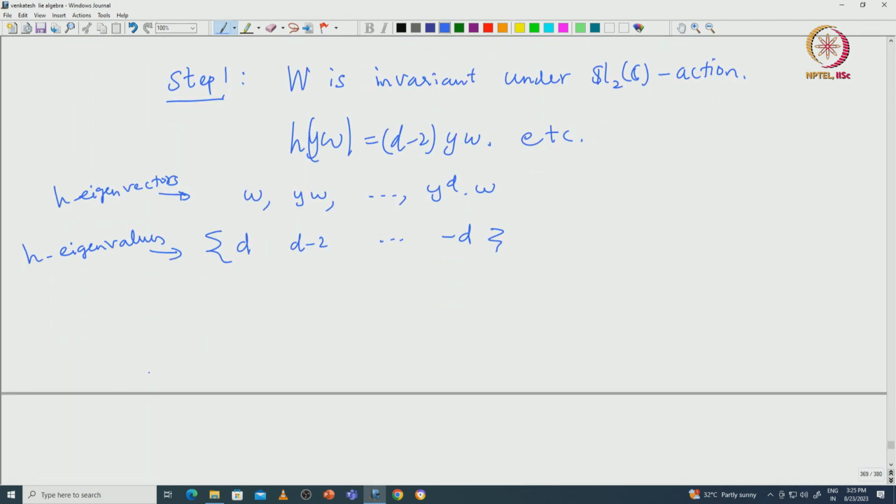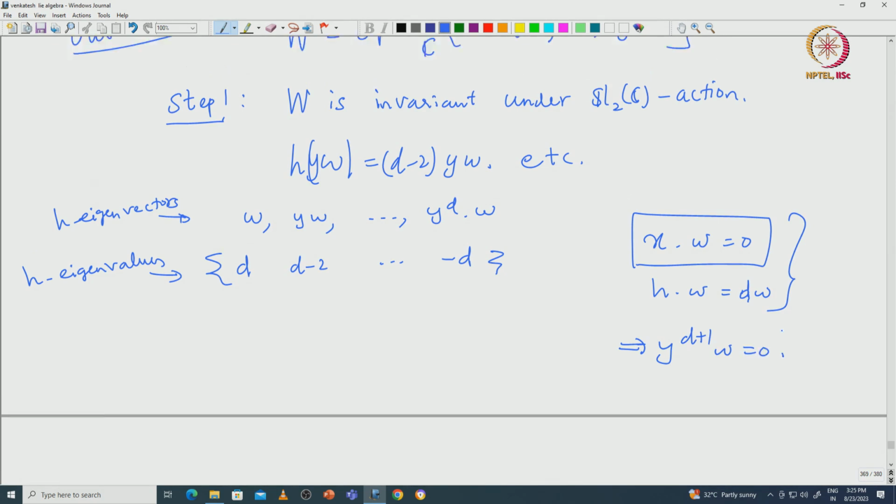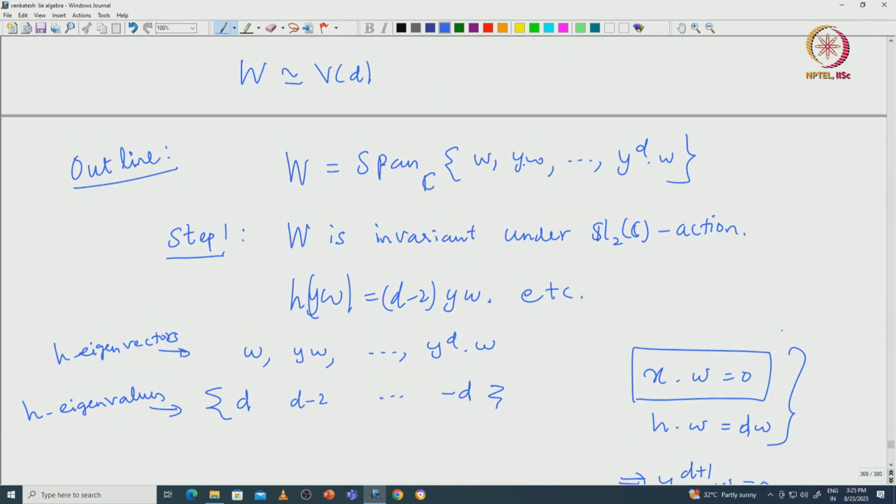Now if you go back to the calculations that we did using the formulas that I wrote down, because x is killing w and h is acting as d, then you will be able to prove these 2 imply y power d plus 1 w is 0.